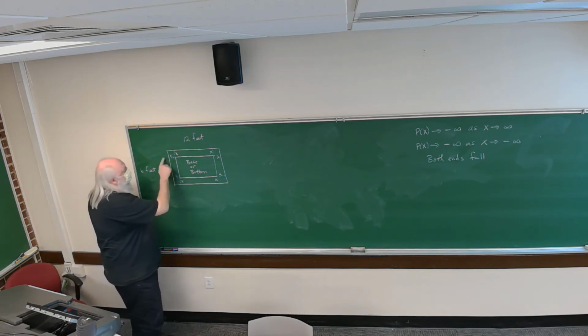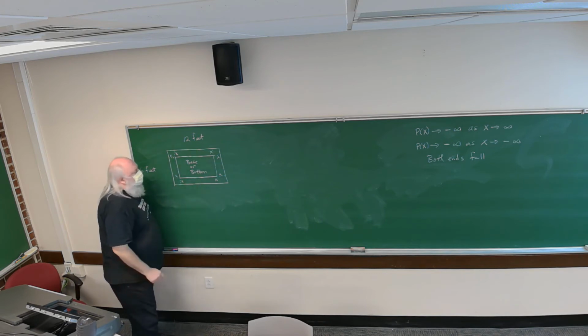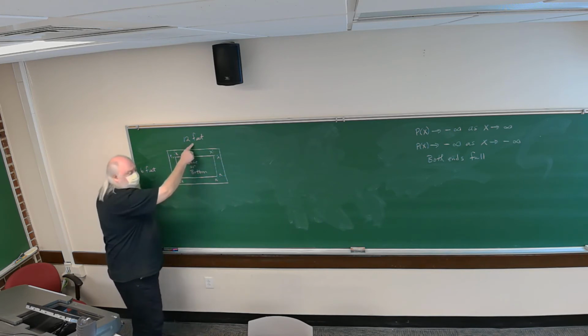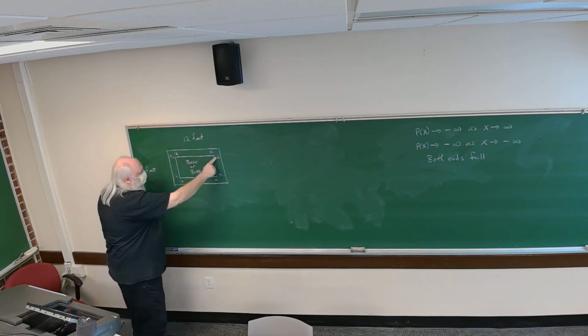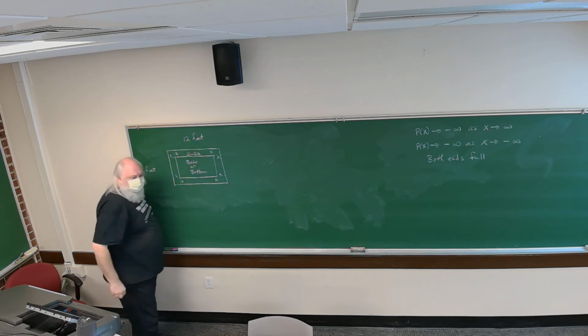Now, the length of our piece of cardboard originally was 12 feet. But when we cut out the corners, x feet by x feet, and fold up the sides, the length of this base is going to be 12 feet minus 2 times x feet.